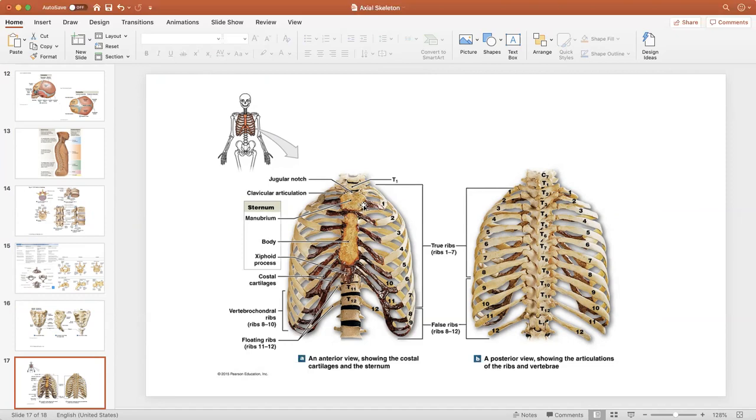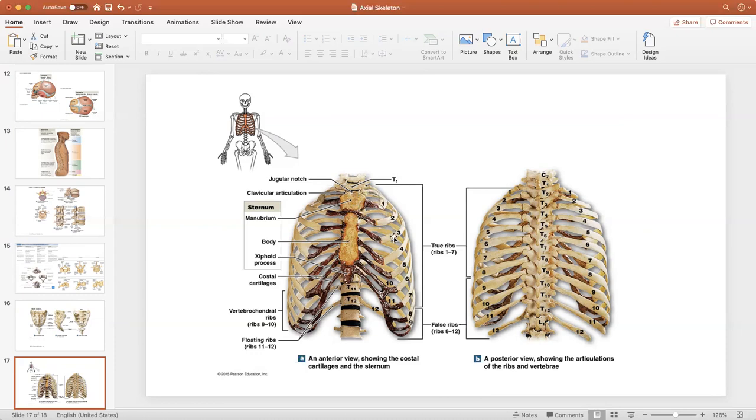You can see this red portion here is cartilage. So the ribs don't actually attach directly into the sternum. We have the costal cartilage that attaches into the sternum.